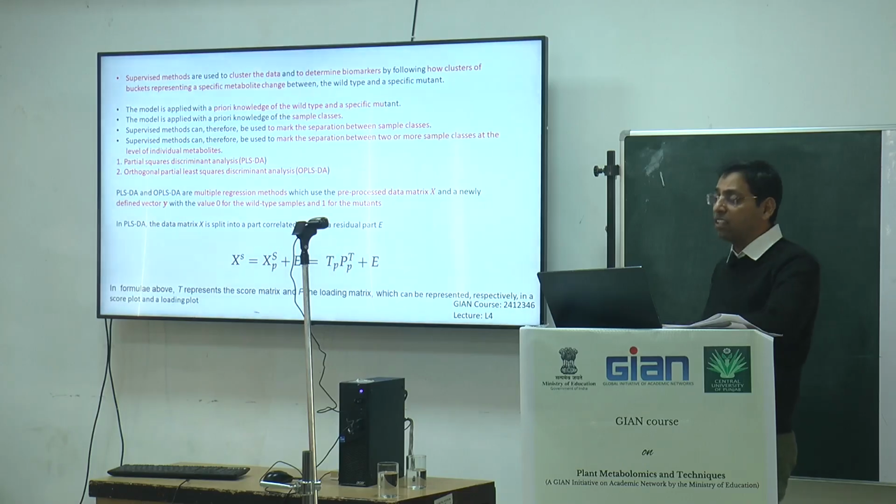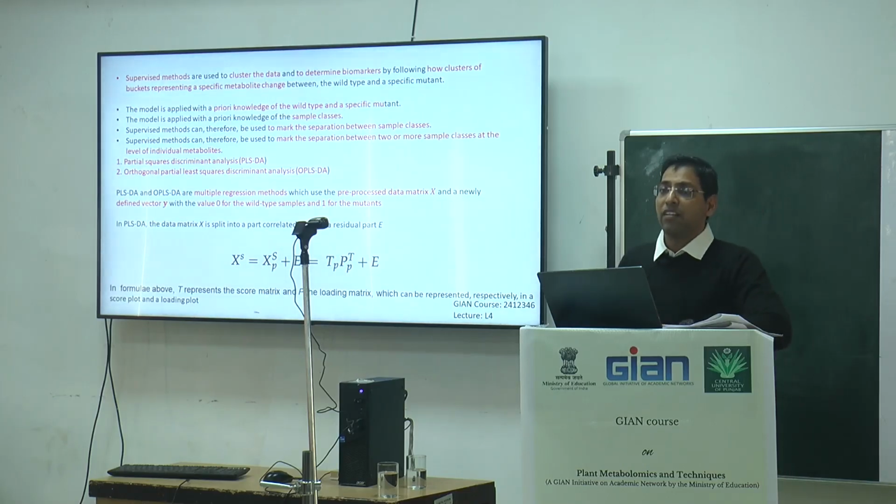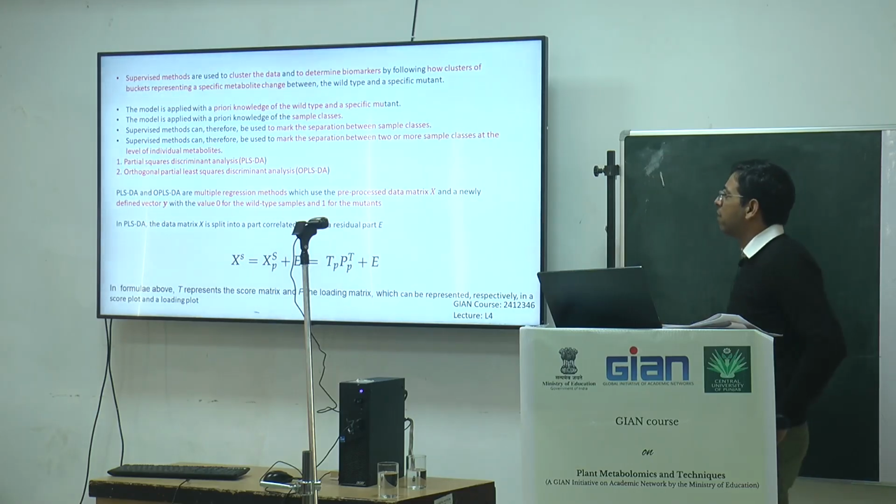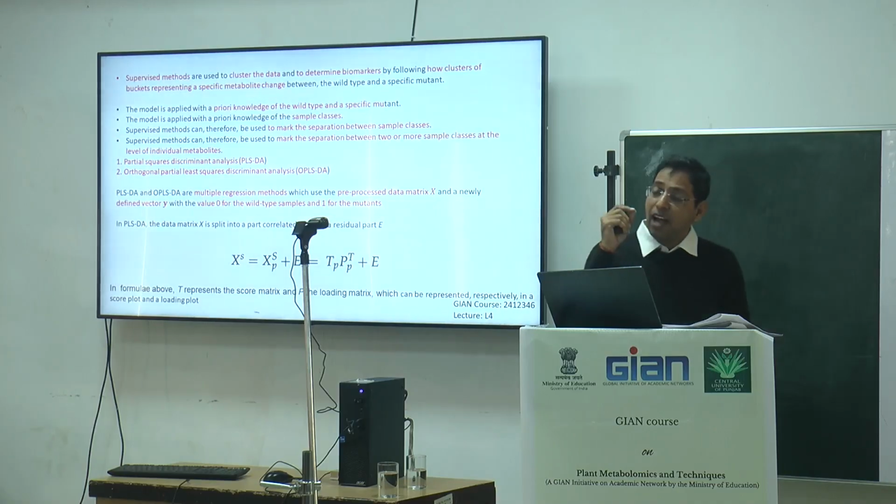Another method that is more important for all of us is the supervised method. In the supervised method, we have to go ahead with some variation already in mind. We know that we have to differentiate the samples on the basis of a few variables. Here the supervised method basically helps to identify some biomarkers.